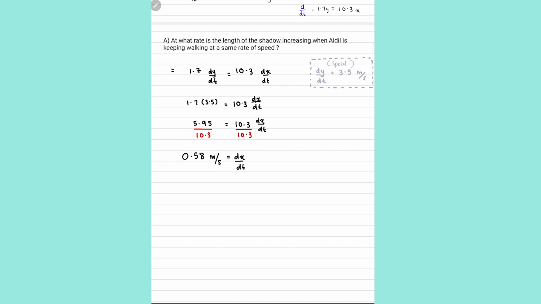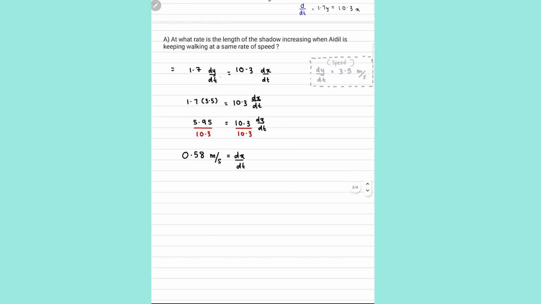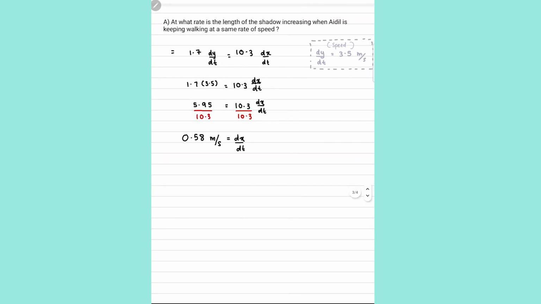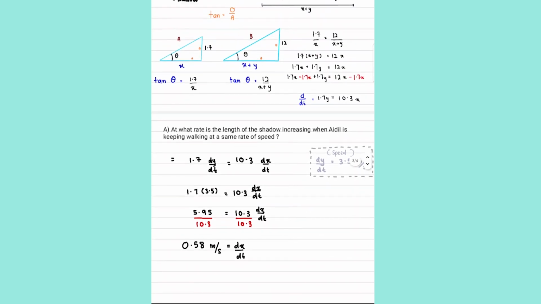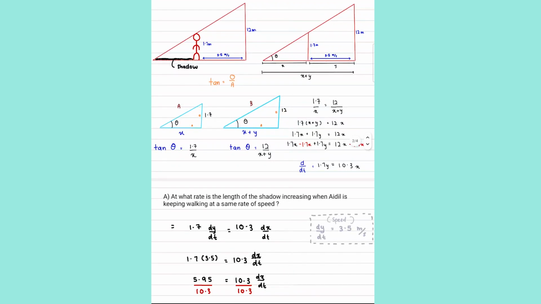Now we have to find dy over dt and dx over dt. So what is dy? dy is the speed of Ideal's walk. As we can look here, this is y. y is 3.5 meters per second, and the dy is with respect to time.